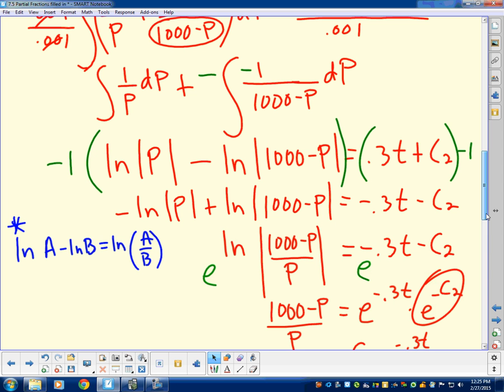So if I exponentiate the left-hand side, I'm left with just 1,000 minus p over p. I dropped the absolute value because I'm plugging in for my population a positive value. There's no value of p that's going to require me to use the absolute values on this. Okay, p is between 0 and 1,000. It actually approaches 1,000.